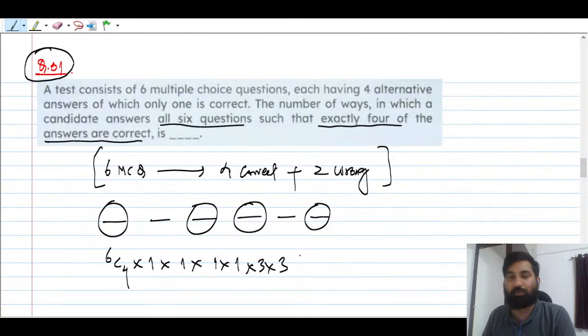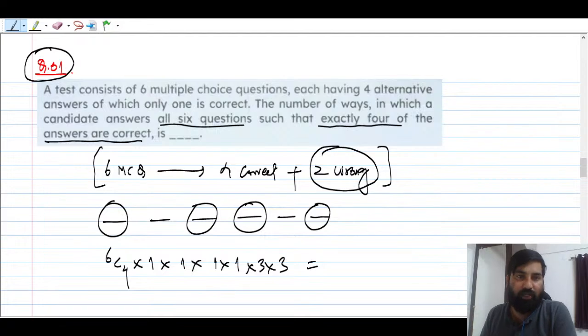For 2 questions which are going to be wrong, there are 3 ways each. Understood? So 3 into 3, you can solve this. What is the answer here? 135.